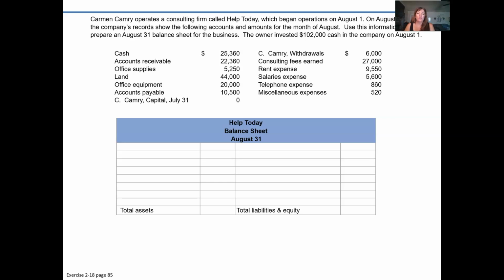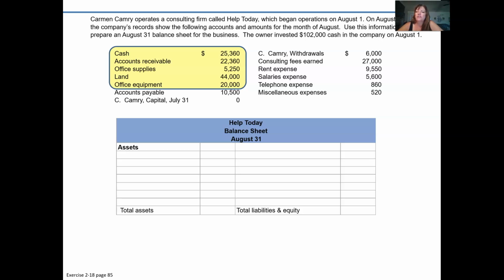The reason why it's called the balance sheet is because we're looking at the accounting equation that we need to keep in balance. And basically with the balance sheet, we are proving the balance of the accounting equation. So the bottom of the balance sheet is going to have total assets on the left and then liabilities and equity on the right. Assets go first, then liabilities, then equity.